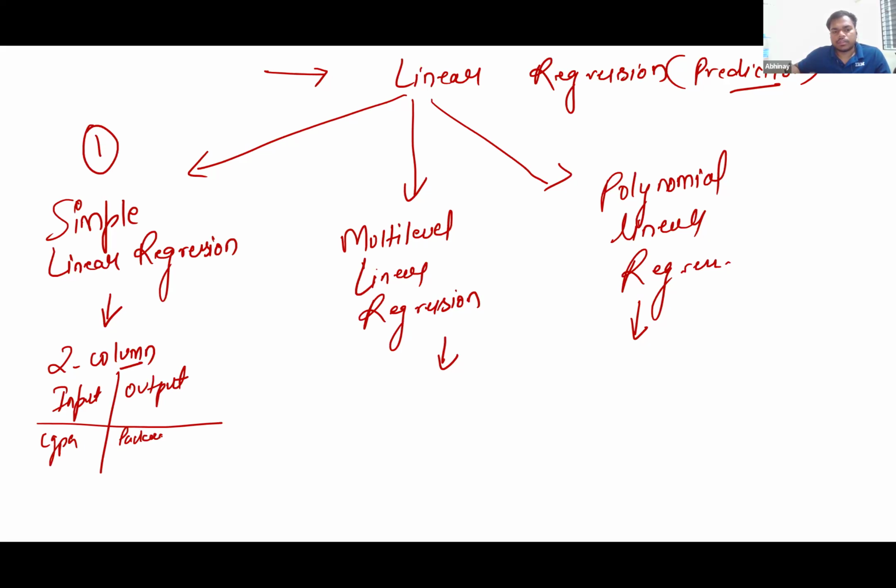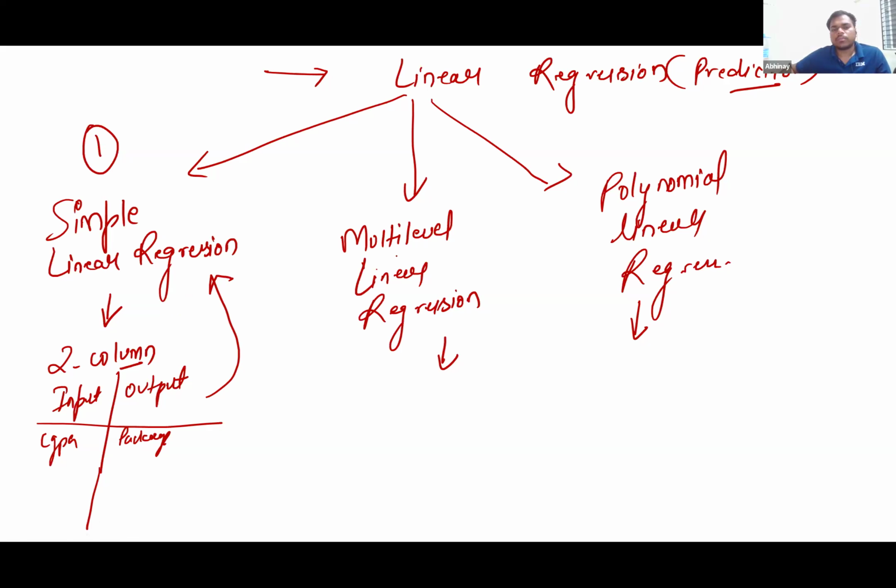Only two columns are there. In this scenario, whenever you have only these two columns, one input and one output, we prefer to use the simple linear regression. I will tell you how we can use simple linear regression. So this is the first scenario.